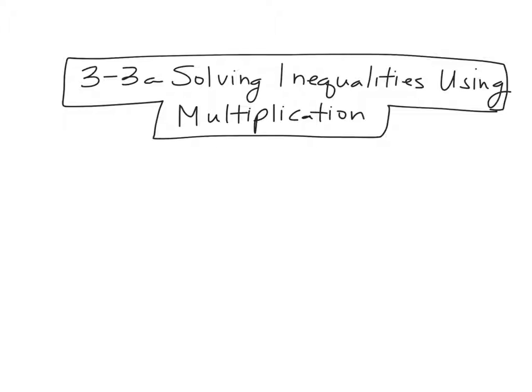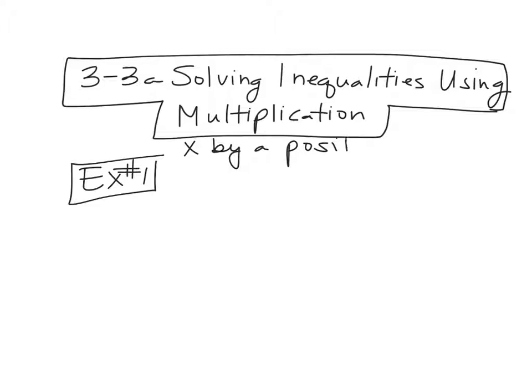So here's your first example. When you multiply by a positive number, okay, if we're multiplying by a positive number, you're gonna do it just like you did when we were solving equations. So like if I have x divided by 3 is less than -2, okay?